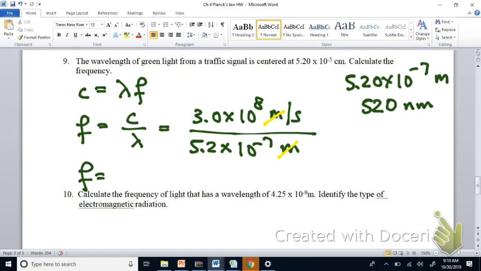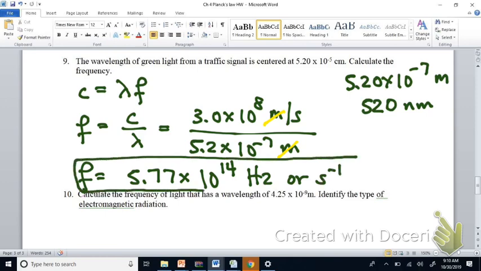So now it's nothing but a plug and chug problem. So 3 times 10 to the 8 divided by 5.2 times 10 to the minus 7. Get an answer of 5.77 times 10 to the 14 hertz, or inverse seconds. So number 9 is a pretty straightforward problem.